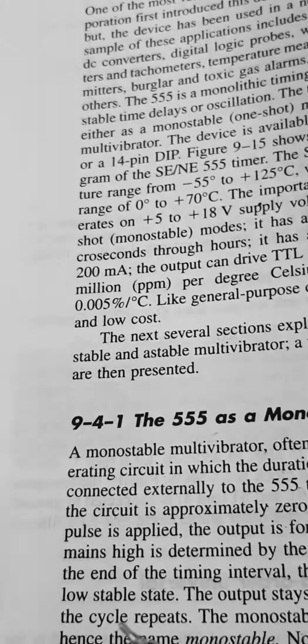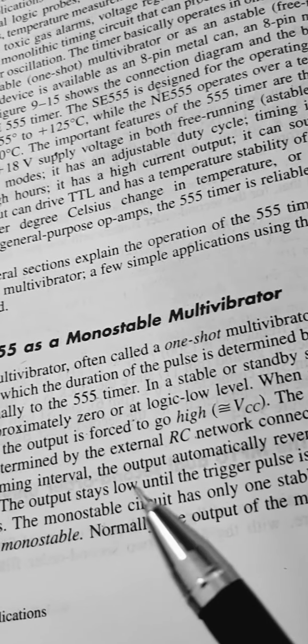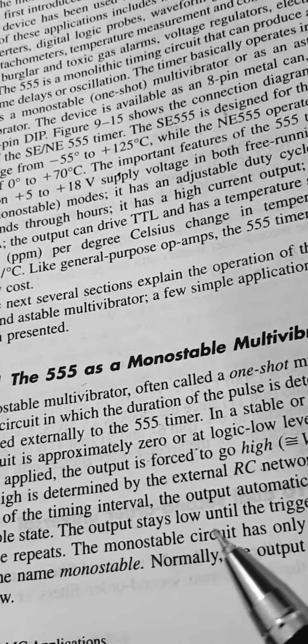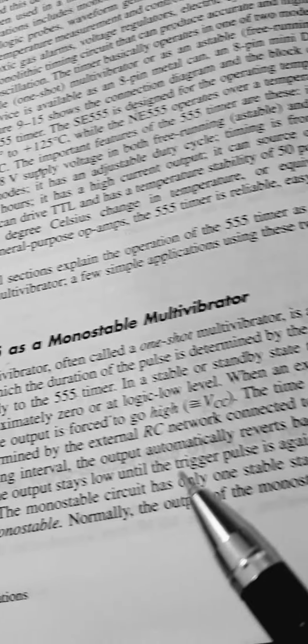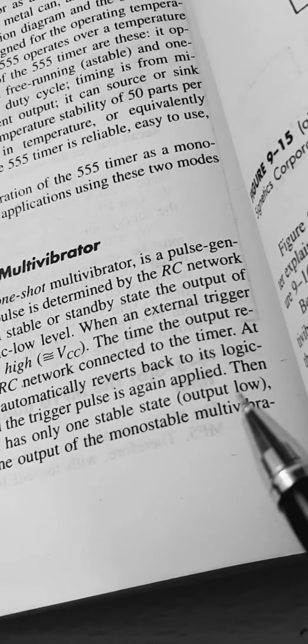Once the timing interval is over, the output automatically comes to its stable state, that is the low state. That is, the monostable circuit has only one stable state, output low, hence the name monostable. Normally the monostable output is low.